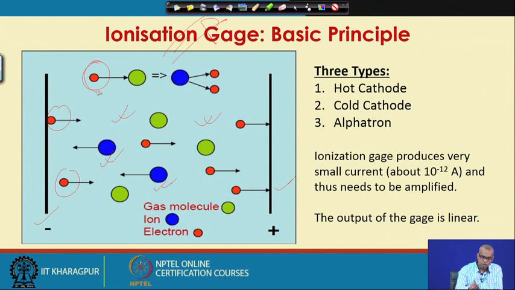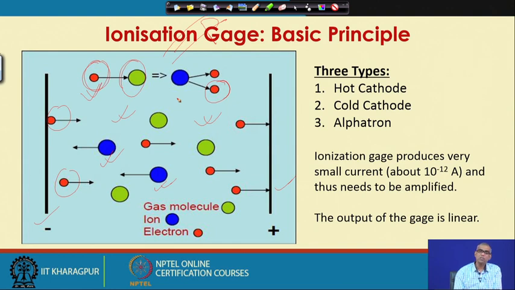Because when this electron collides with a gas molecule, and if its kinetic energy is very high, it can knock out a secondary electron, and then the gas molecule will be converted to a positively charged ion.